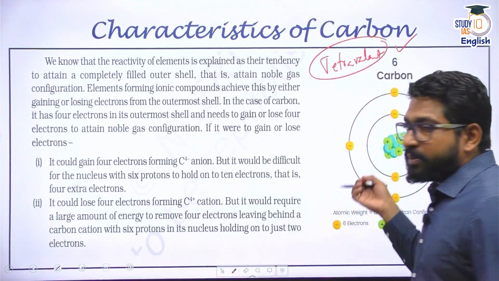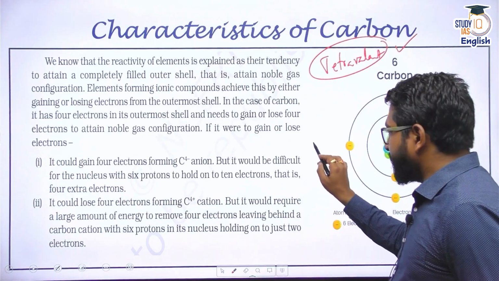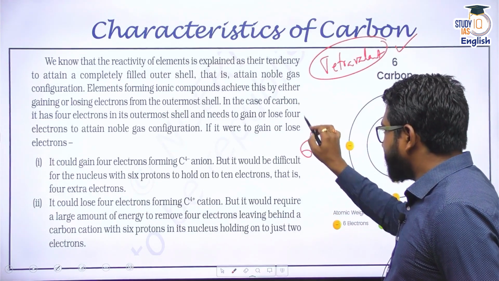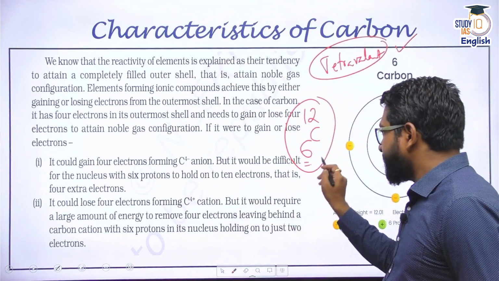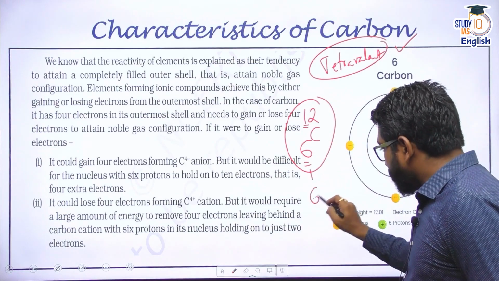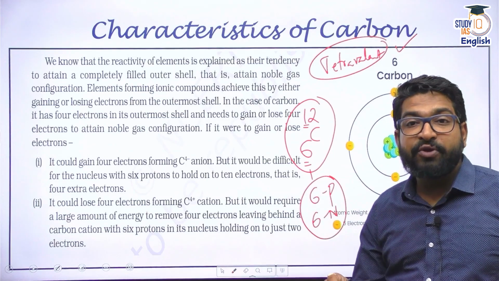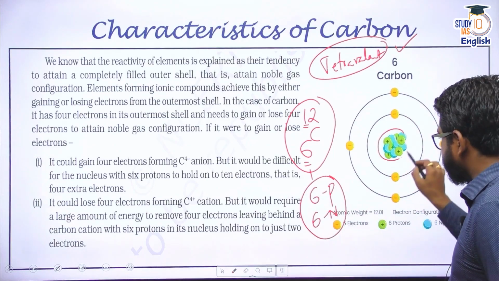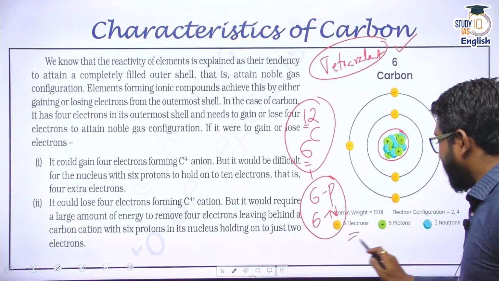See, carbon in its normal form, I'm not talking about different isotopes, I'm talking about normal carbon, we represent as carbon 12. That means it has atomic number of 6, it has atomic mass of 12, meaning it has 6 protons, it has 6 neutrons, and protons and neutrons, where do we find them? We find them in the nucleus. All right, and it has 6 electrons.